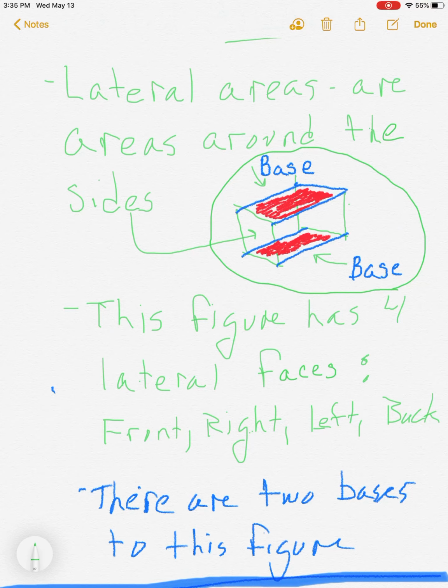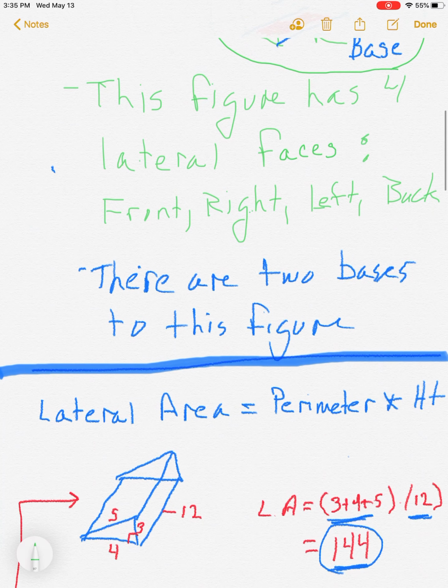And then it has two bases, which I've shaded in red. So lateral faces, of which we can find the areas called lateral areas, and then we typically also add to that the area of the bases.